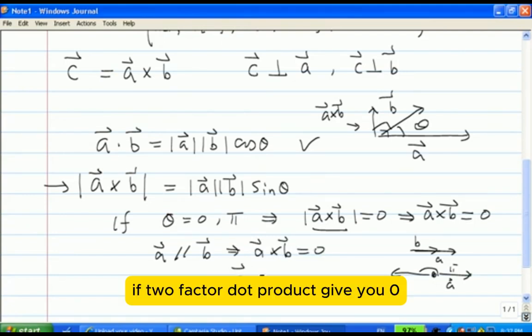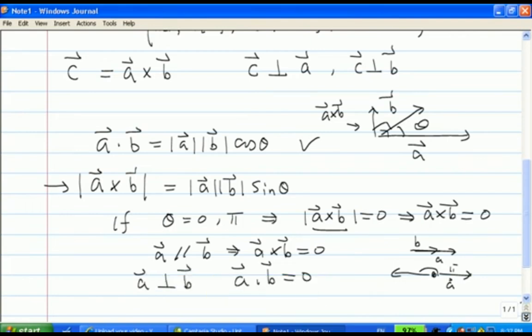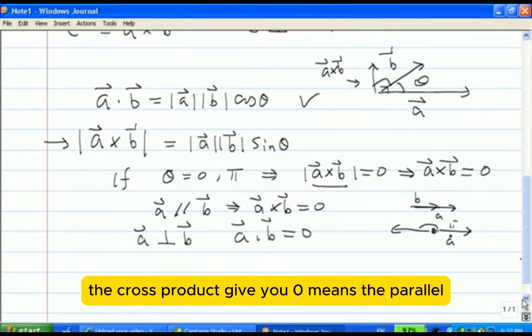If the dot product of two vectors gives you 0, it means A is perpendicular to B. Remember this. If the cross product gives you 0, it means they're parallel.